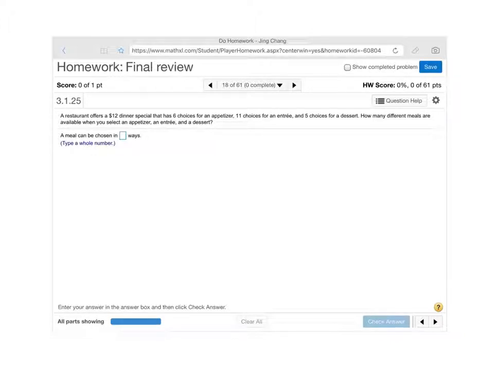You're given a restaurant that offers a $12 dinner special that has 6 choices for appetizer, 11 choices for entree, and 5 for dessert. So you can use the fundamental counting principle. How many different meals are available will be 6 times 11 times 5.